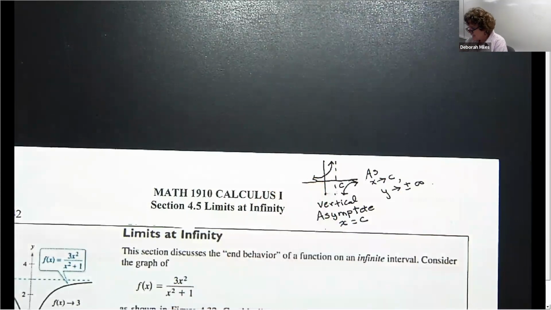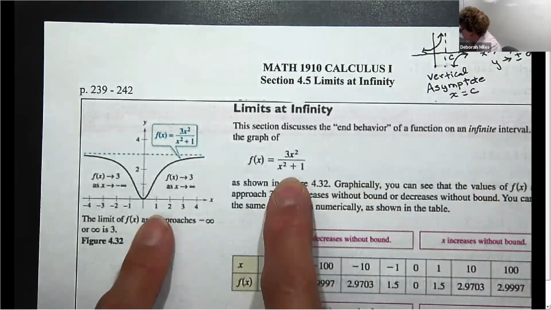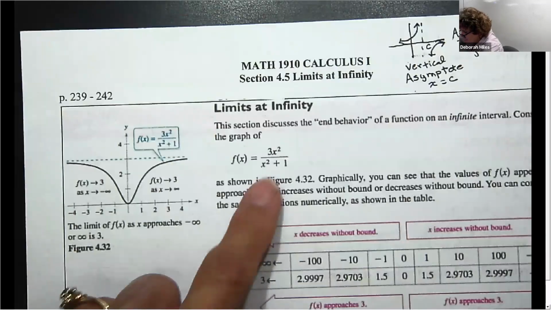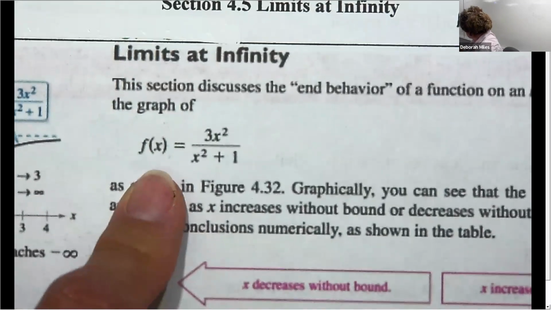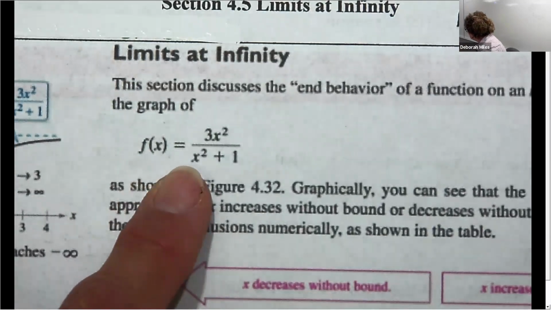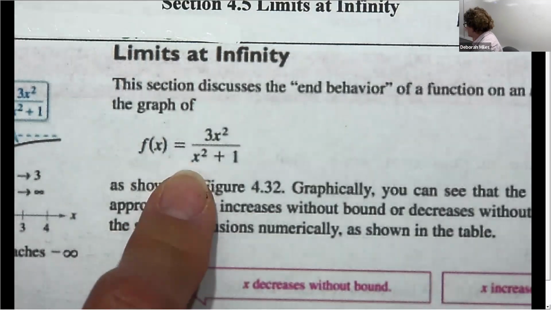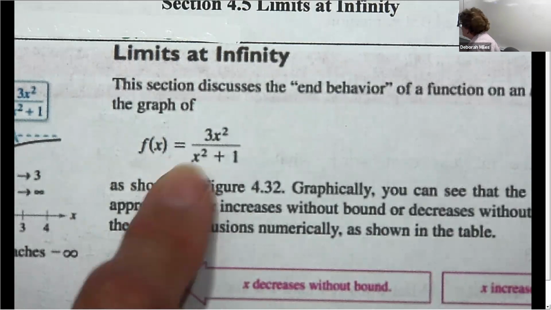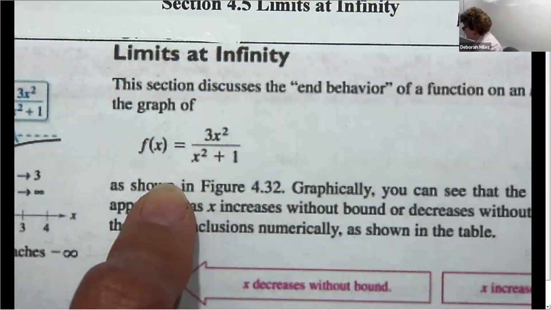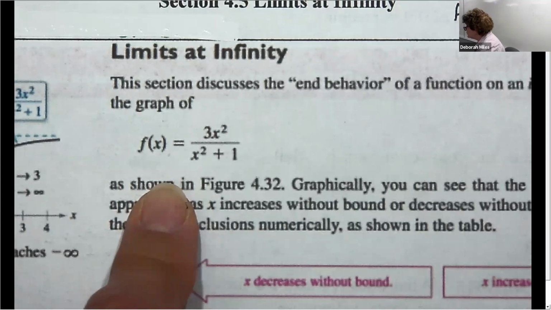The difference here is it's not our y's that are going to positive or negative infinity, it's our x's that are going to positive and negative infinity. This function, f of x equals 3x squared over x squared plus 1. If we wanted the limit as x goes to infinity, in our heads, we could just put infinity symbols in place of both of those x's. What would you get if you had 3 bazillion squared over a bazillion squared plus 1? That's just darn close to 3.